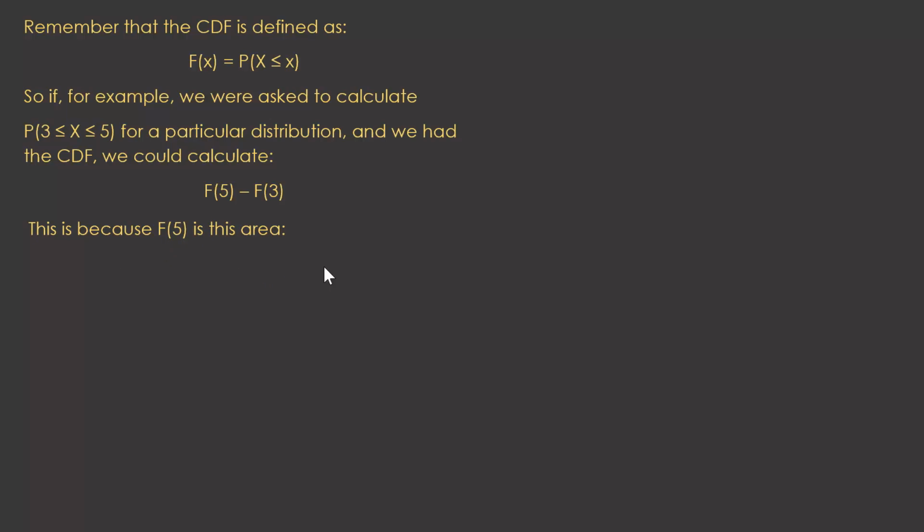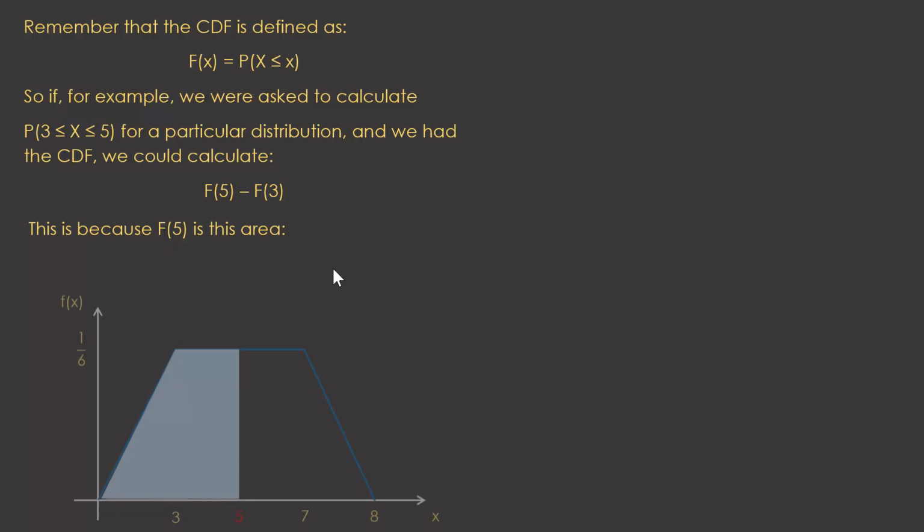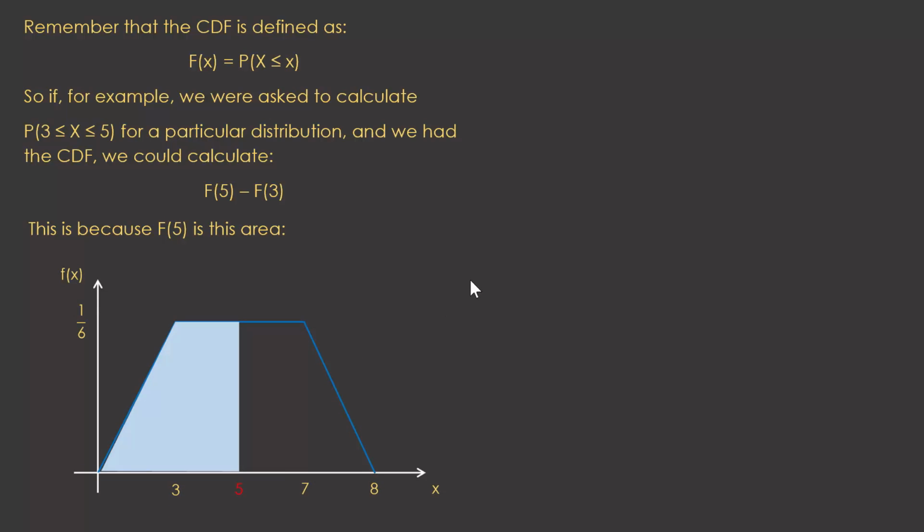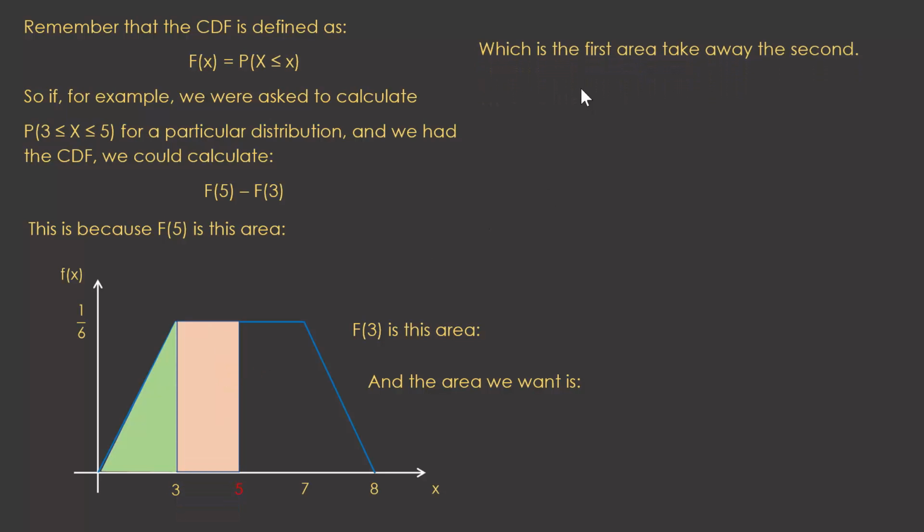This is because F(5) is this area. F(3) is this area. And the area we want is this area just here, which is the first area take away the second.